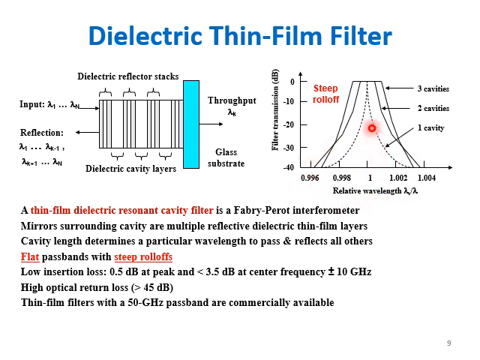As you can see, the steep roll off exists for the wavelength value of 0.996 to 0.998, but the major value at relative wavelength 1 is passed through the dielectric thin film filters.